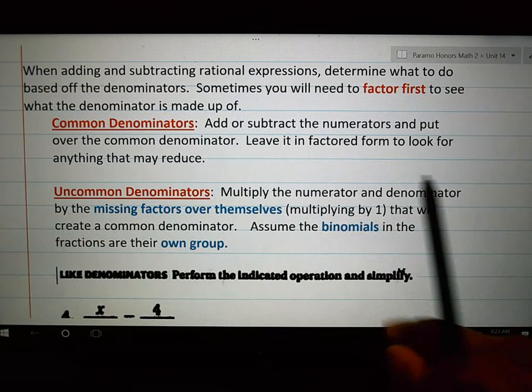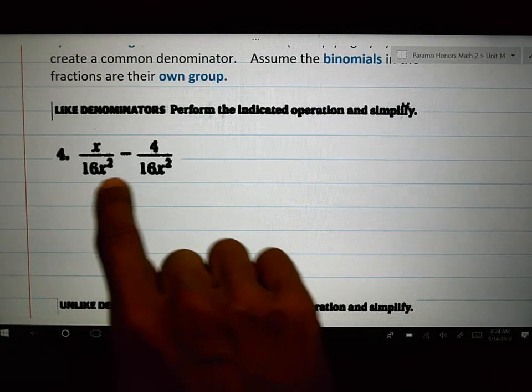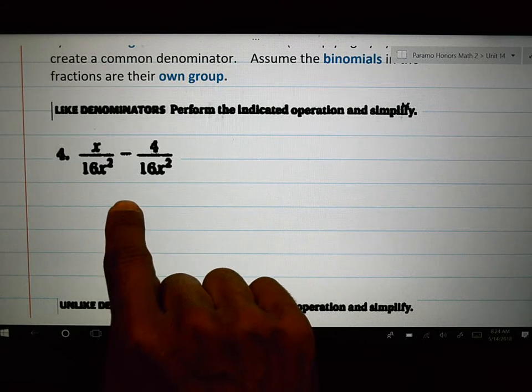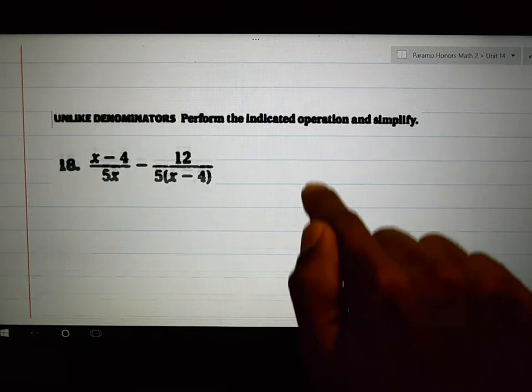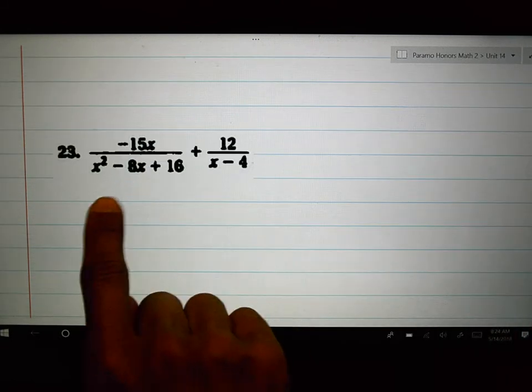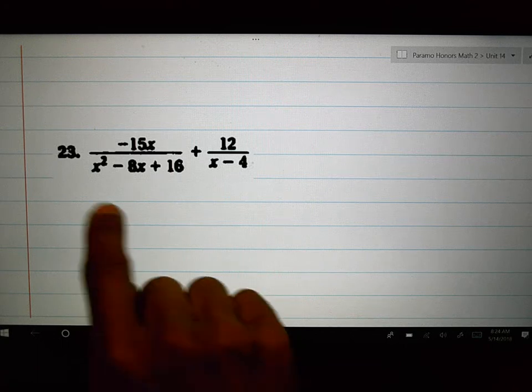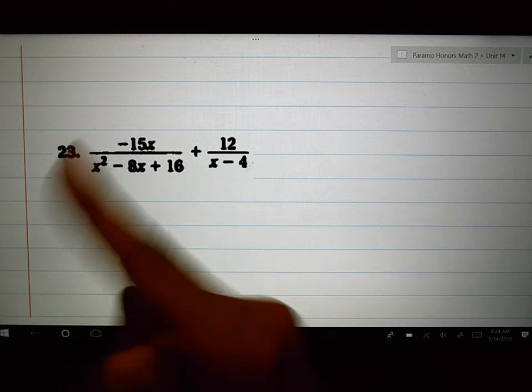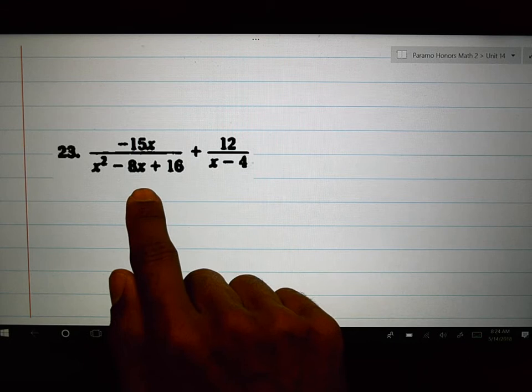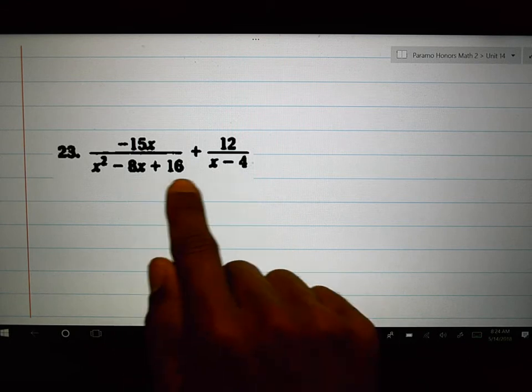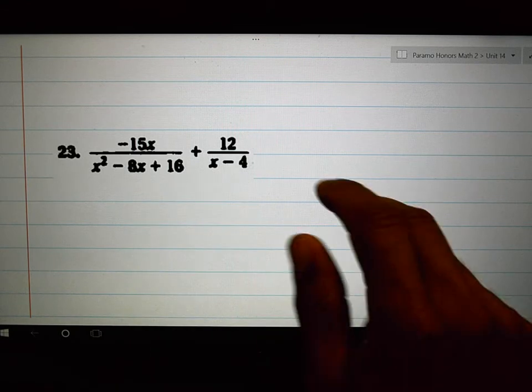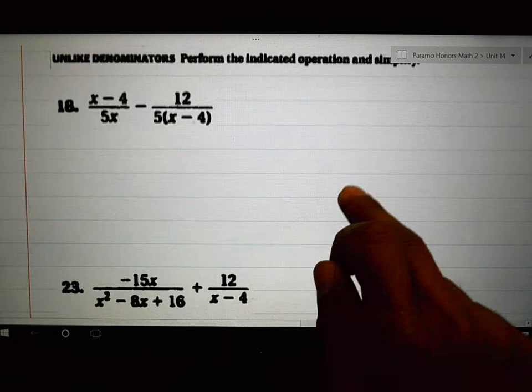And when I say sometimes, it just depends whether the denominator is a monomial, like this, or whether it's a binomial that's not factored. It's hard to know what makes up number 23 when you look at its denominator. You may or may not know what it has in common until you factor it.